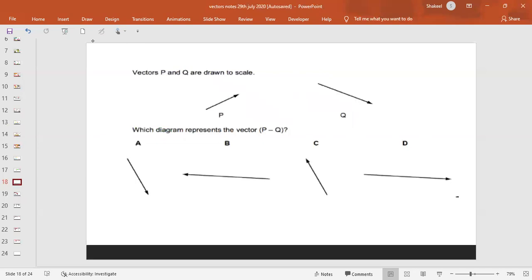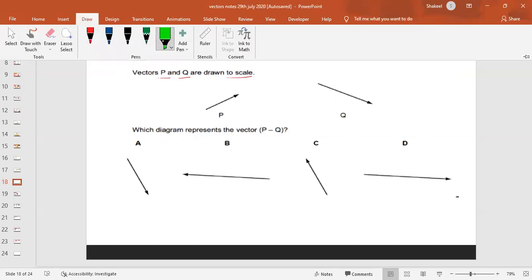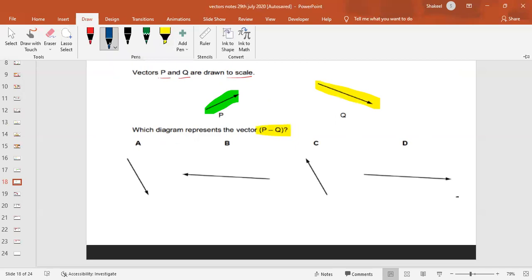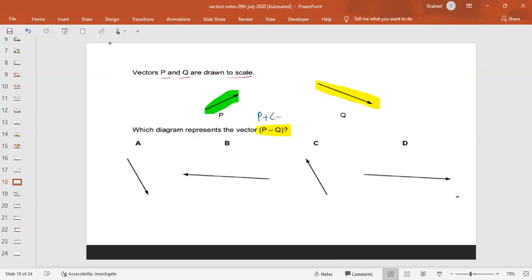Okay, just look at this diagram. Vectors P and Q are drawn to the scale. So P is heading this way, and if you look on Q, that is heading this way. So which diagram represents P minus Q? P minus Q. So it means that P plus minus Q, it means Q would have a negative vector like this.